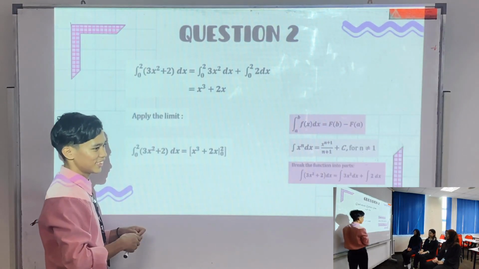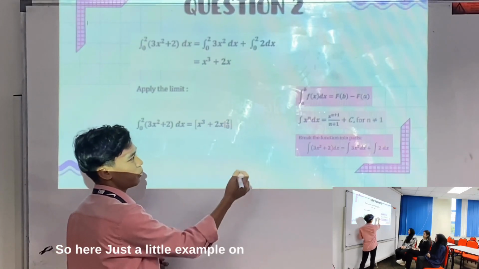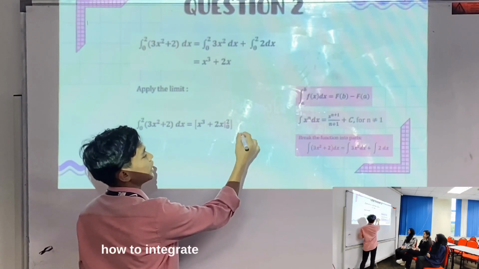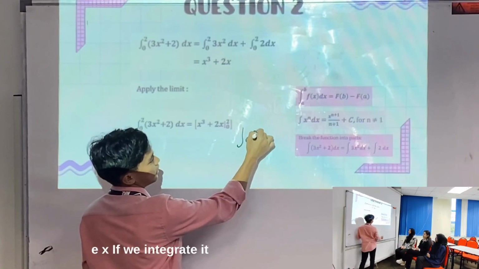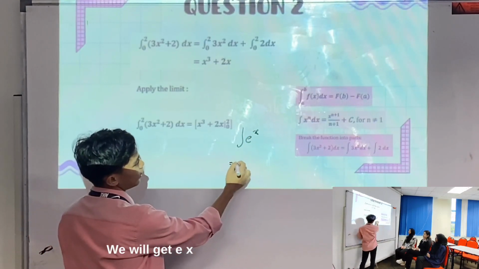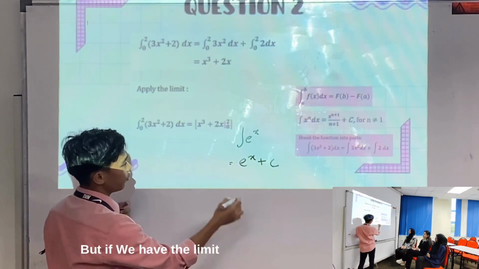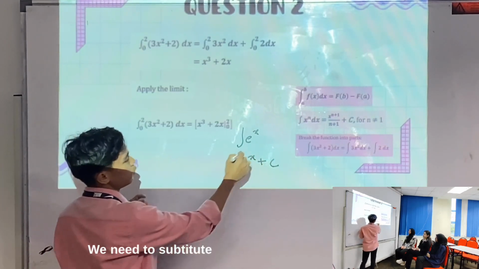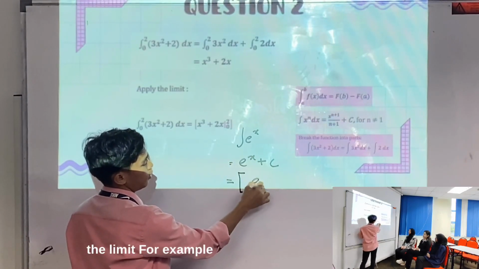Yes, thank you, sir. Okay, here's a little example on how to integrate. For example, the integral of e to the x dx. If we integrate it, we will get e to the x also, plus c. But if we have the limit, we need to substitute the limit.